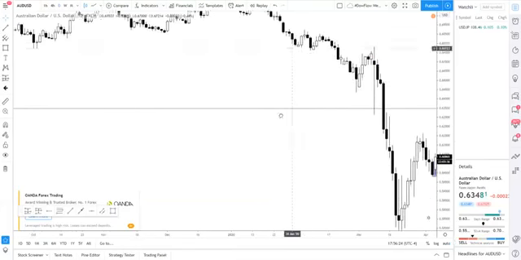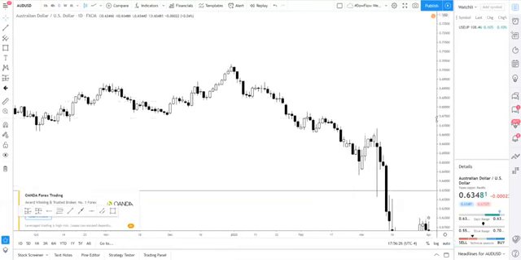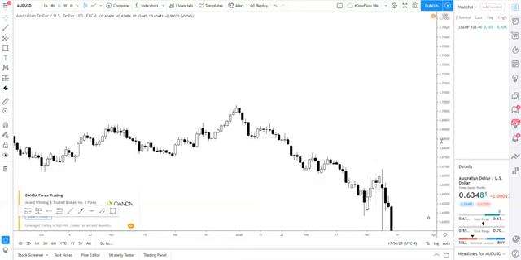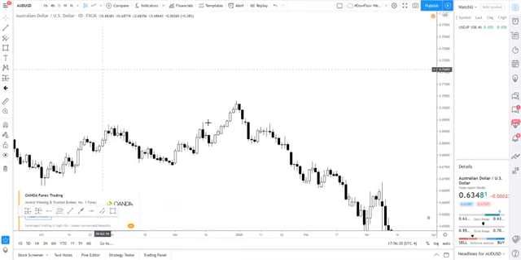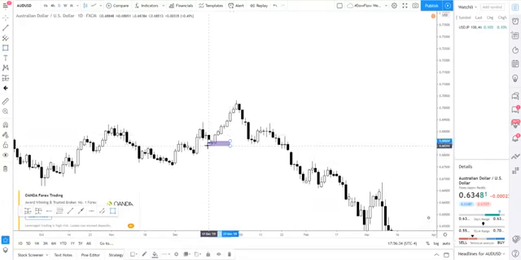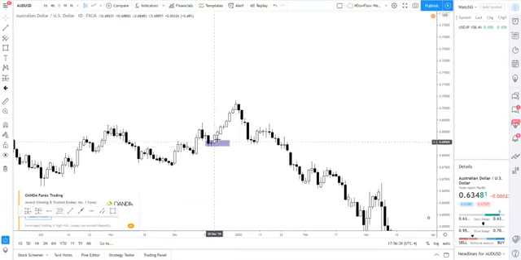If you look over here, this is also another good institutional buying level. Same thing as always, look at the departure: one candle, 2, 3, 4, 5, 6, 7, 8. 8 candles of consecutive buying.